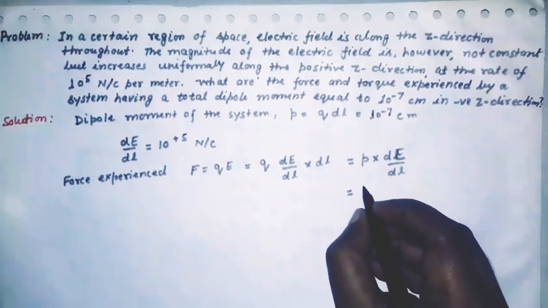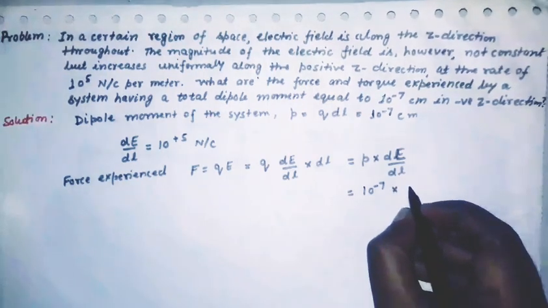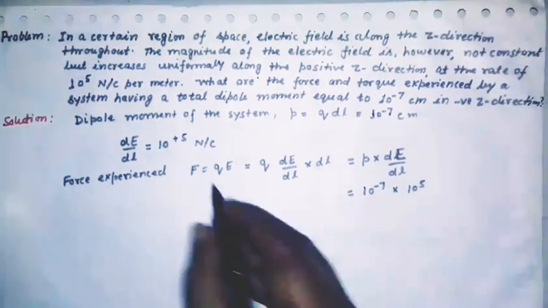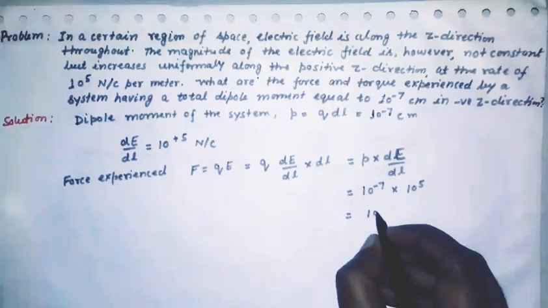Now this will be 10 to the power minus 7 coulomb meter into 10 to the power 5 Newton per coulomb per meter. So this will be 10 to the power minus 2 Newton.